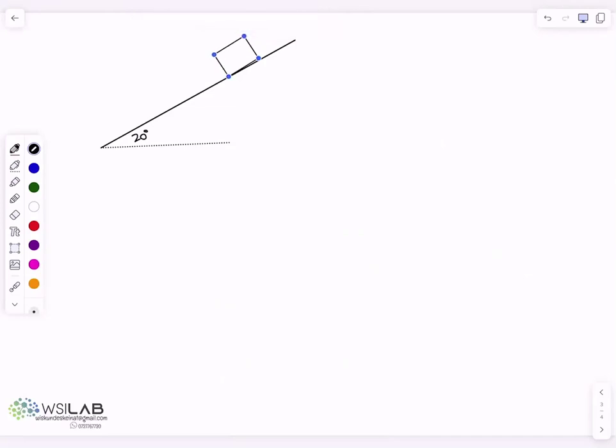Trying to make the box level on that. Is that good enough? Yes. Okay, let's give this box a 5 kg mass. And let's say that the friction here is 8 Newton. And then the distance here is 20 meters.